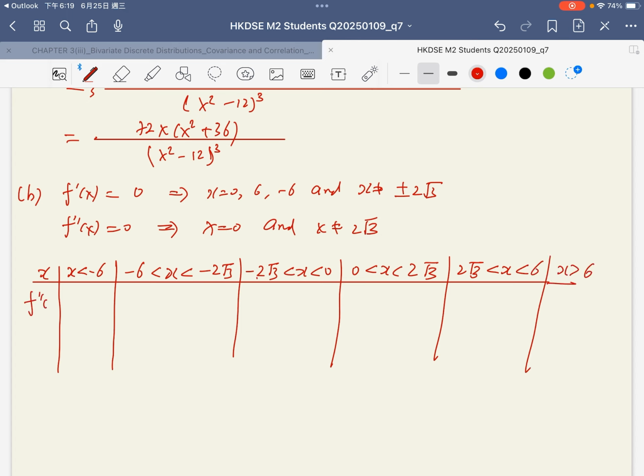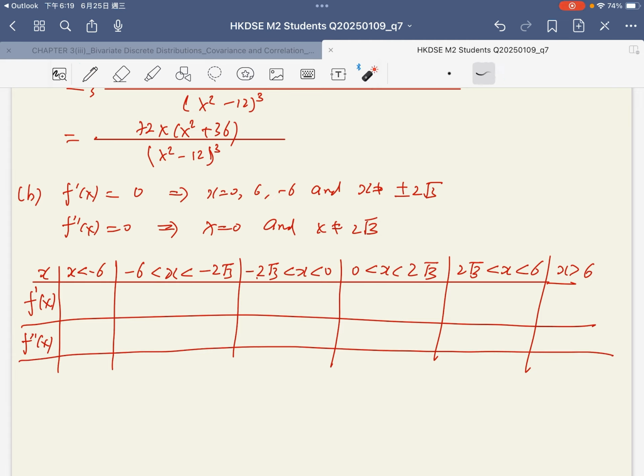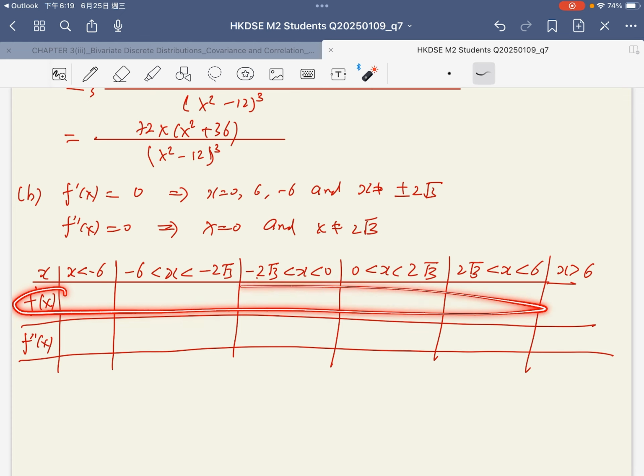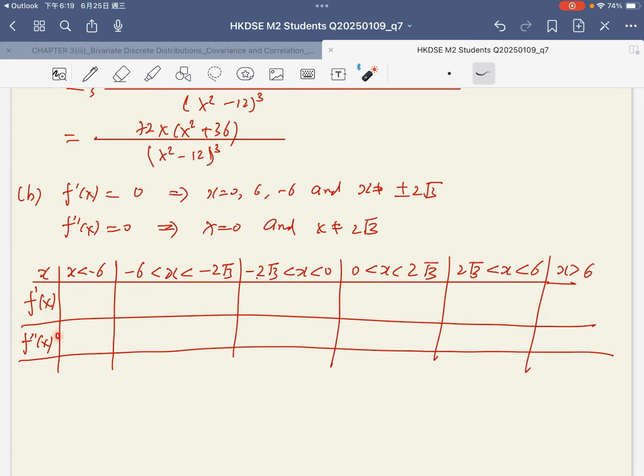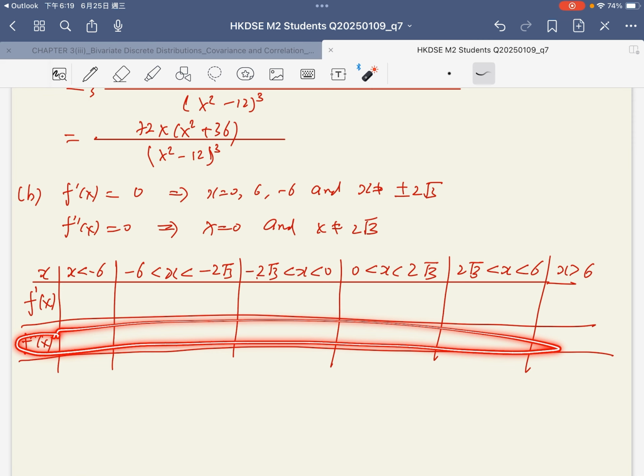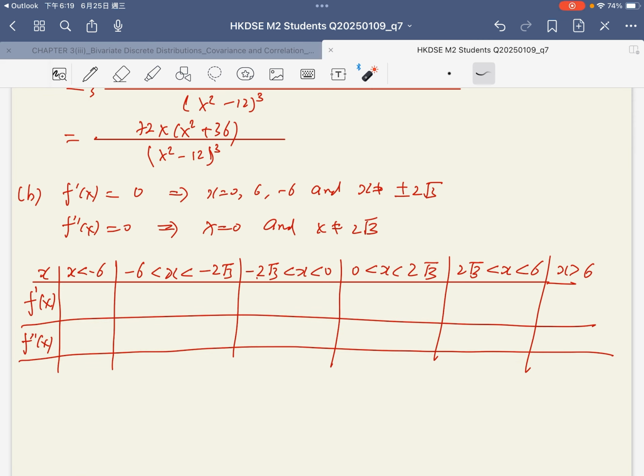The first row is x. The second row is the first derivative. The third row is the second derivative. And the fourth row is f(x) here.